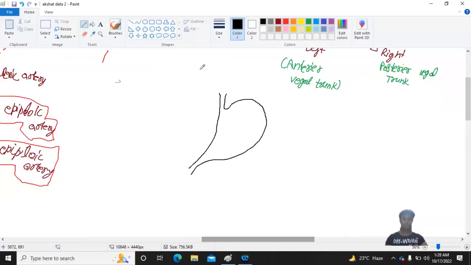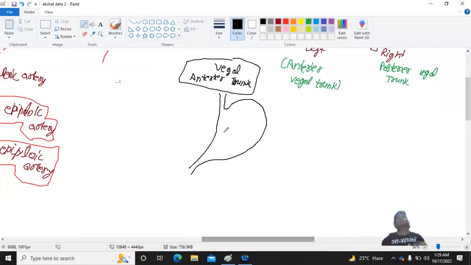First this is the anterior vagal trunk. Remember, this is the anterior vagal trunk. Then we draw the posterior. So here we use this. From above, this is the vagus nerve. Then it divides and gives many branches. First, it gives the important nerve which covers the lesser curvature of the stomach and the anterior side.